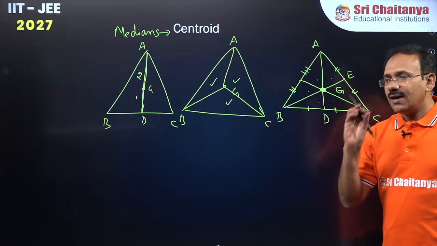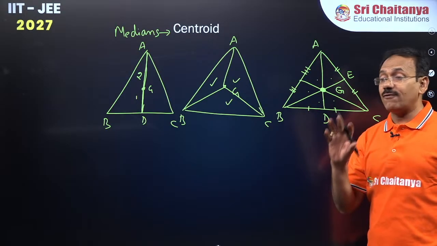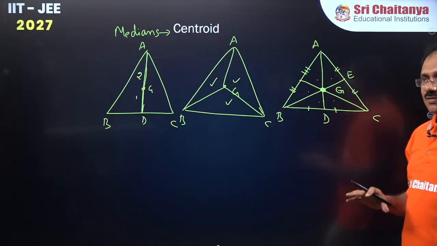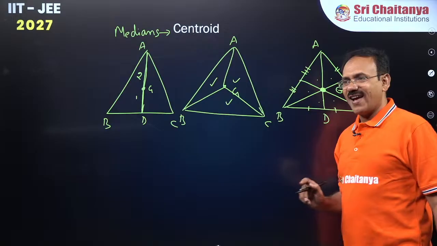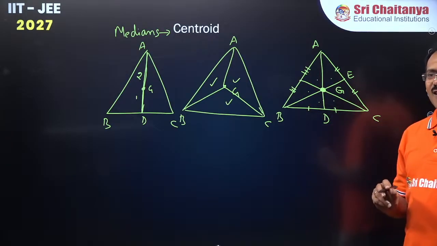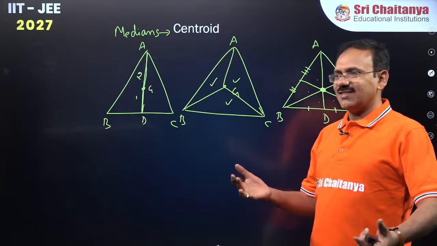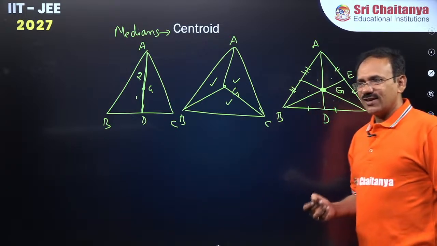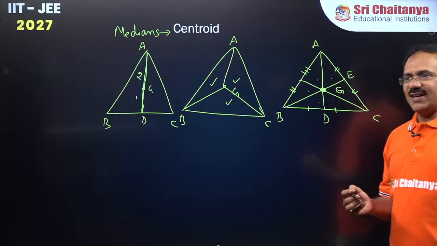Related to median and centroid, I have given so far 5 points. Shall I prove it? Can you bear the proof? I will give the proof, but you are not giving likes and all. Can I prove that the centroid divides the median in the ratio 2:1?